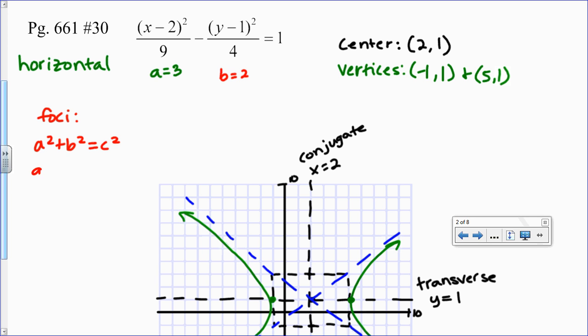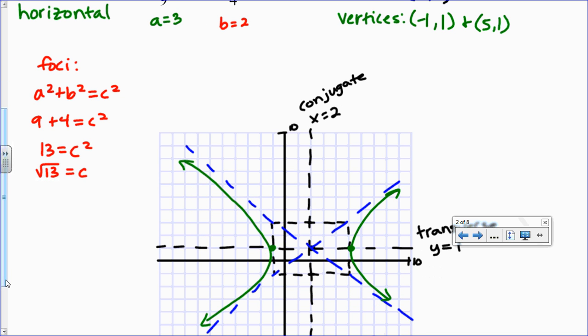So a squared is 9, b squared is 4. So that's 13. So square root of 13 is c. Okay, so that is between 3 and 4, about 3.6. Okay, so from your center, you're going out 3.6 units.